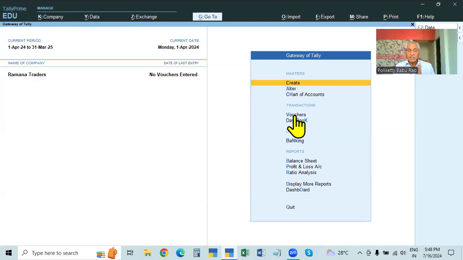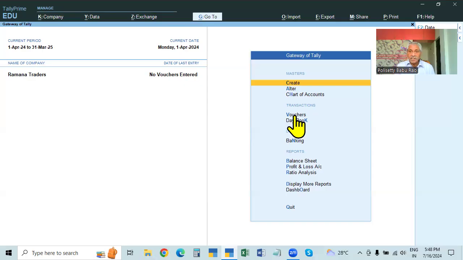These accounts are called ledgers. So we have to enter the debit ledger and credit ledger. In Tally, two ledgers, cash and profit and loss account, are available by default, just like the 24 voucher types. All other ledgers, whatever is required, we have to create.